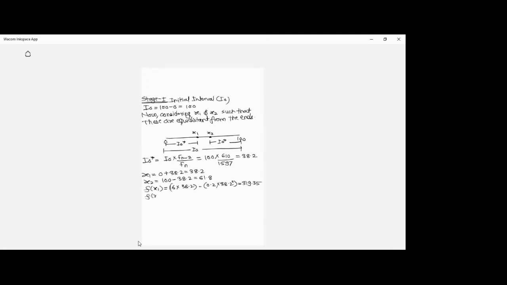Similarly, f of x2 is 16 into 61.8 minus 0.2 into 61.8 square. If you do this calculation, it comes out to be 224.95, right? So now f of x1 is 319.35, and here it is 224.95.